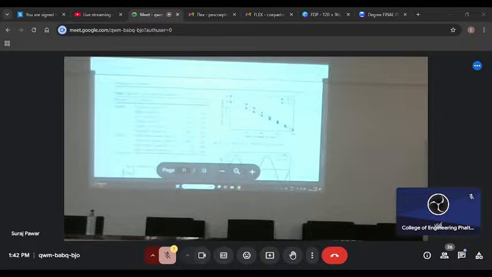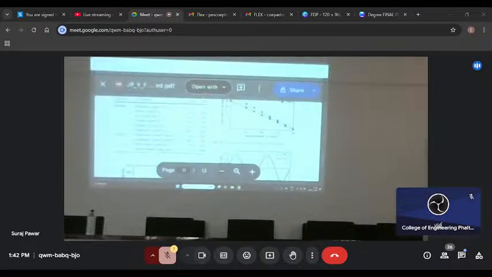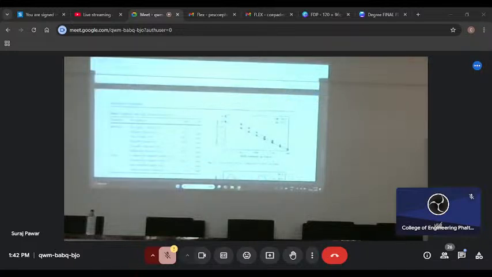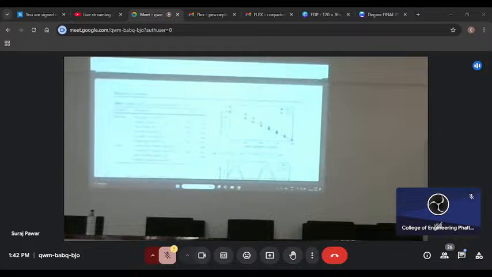Then, for what parameters has it been optimized? So see what I wrote: optimal and fixed design parameters. Whatever study I have conducted, accordingly I got some of the values which I have considered as optimal.